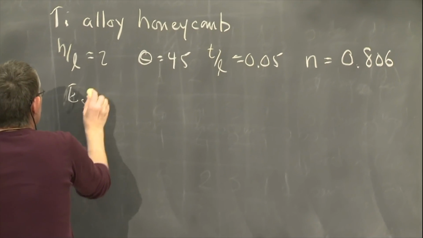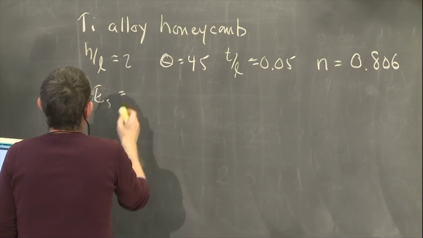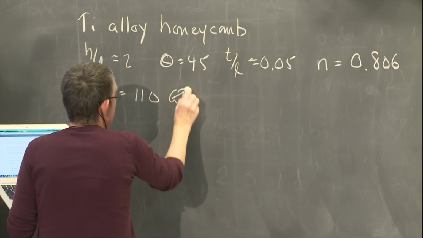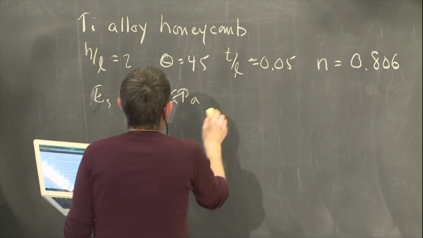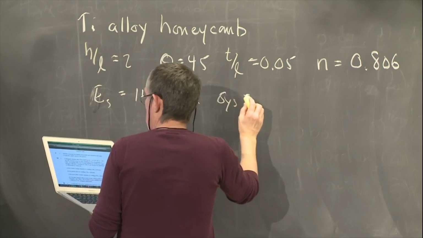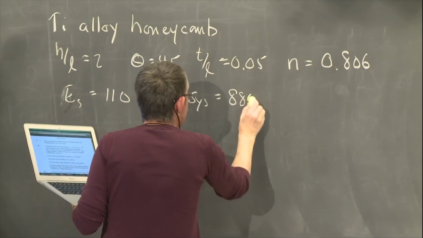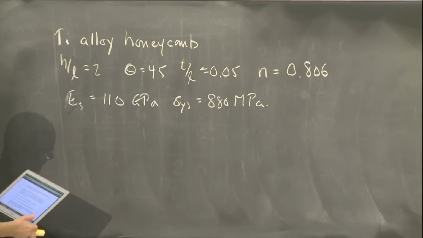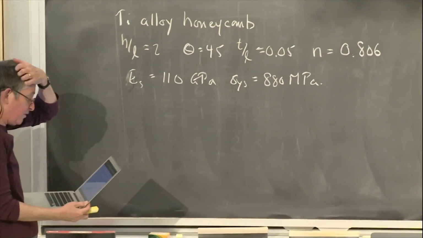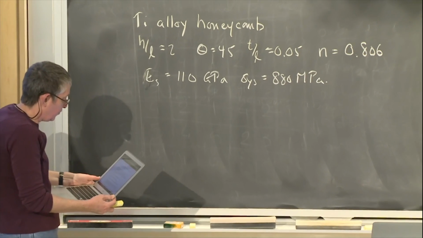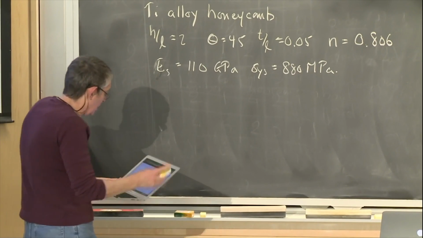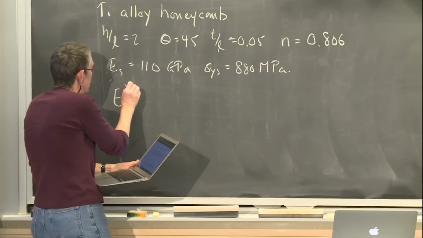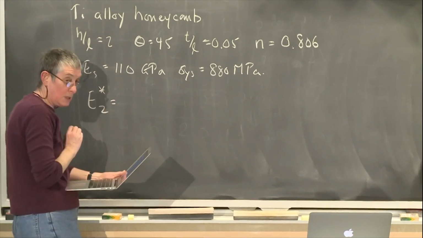And we're told the modulus of the solid is 110 gigapascals, and the yield strength of the solid is 880 megapascals. Okay, so it says calculate the value of and describe the mechanism of deformation and failure for, and the first part is the Young's modulus in the 2 direction, E star 2.